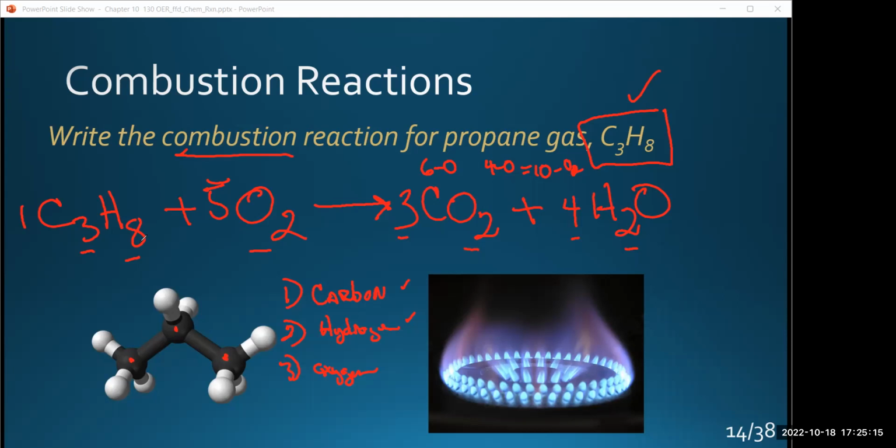Which can deplete over time. If we do too much burning, it can eventually deplete our oxygen content. That's something we hardly talk about, but it's really something to think about. Coupled with that, for every molecule of propane, you are creating 3 molecules of carbon dioxide.